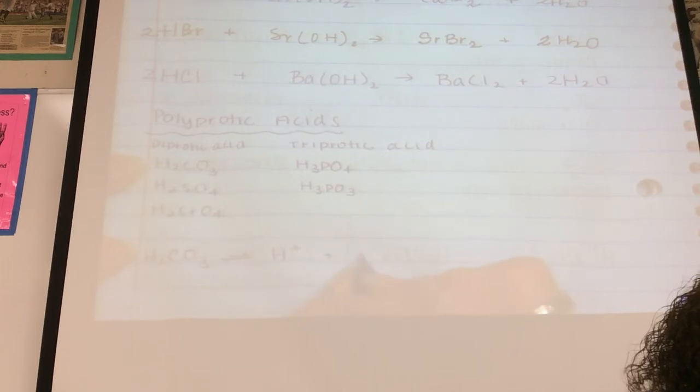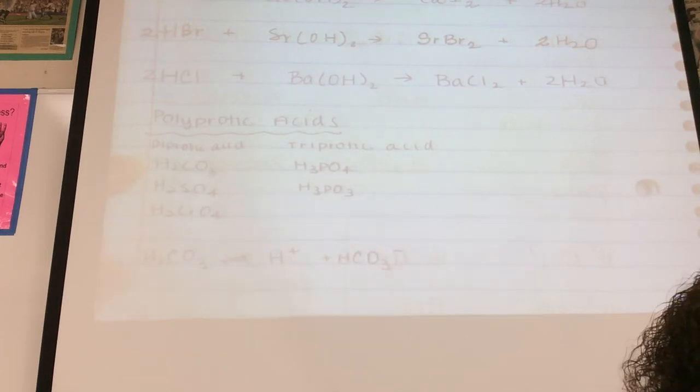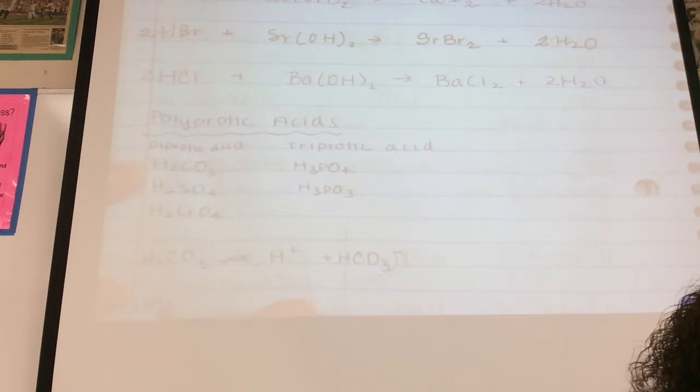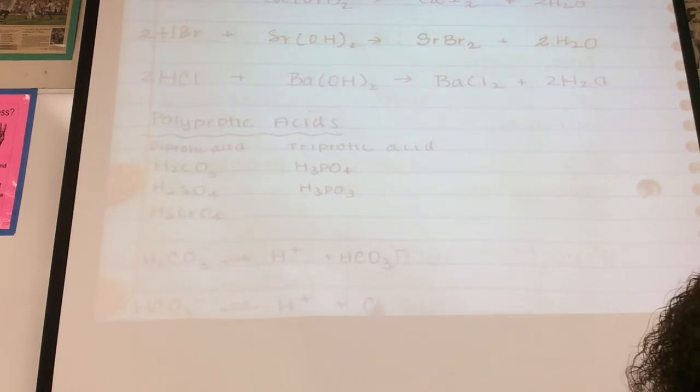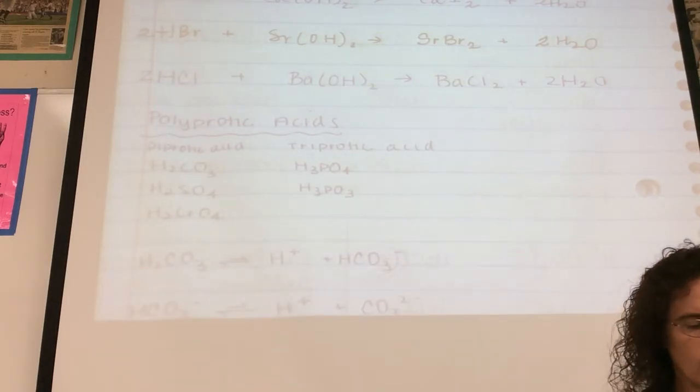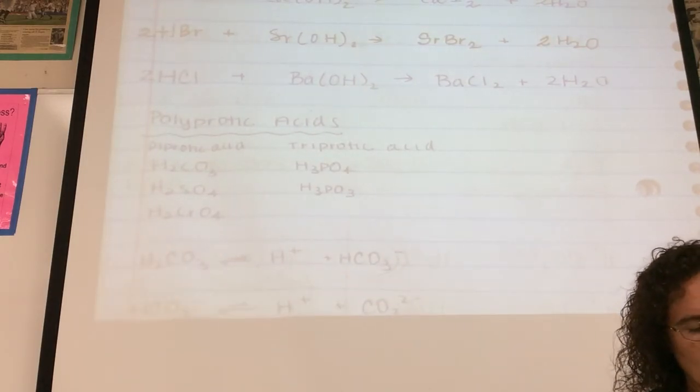It'll donate 1 proton at a time, and then its conjugate base can act as an acid, and that's why it's diprotic. It has more than 1 ionizable proton. But this is beyond the scope of the course.